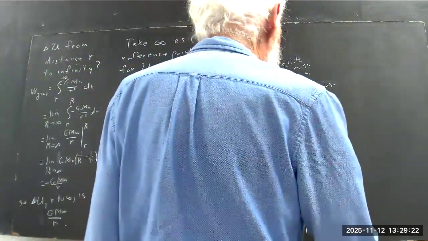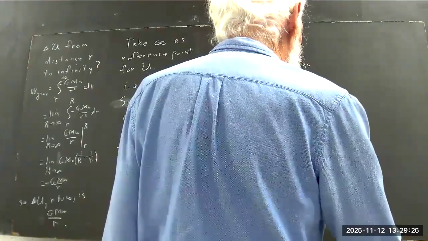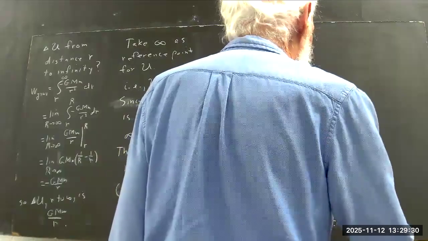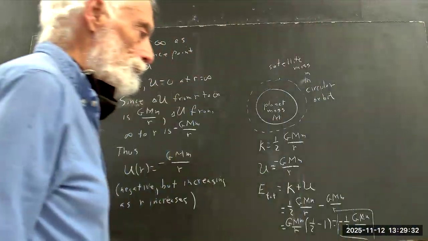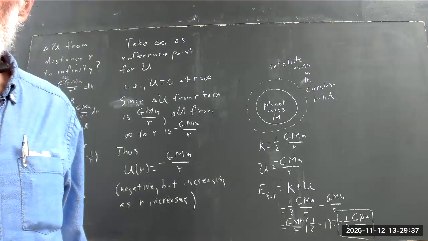Which equals negative 1/2 big G big M little m over R. So you've got negative total energy.